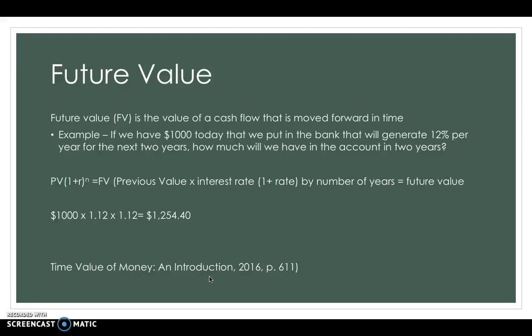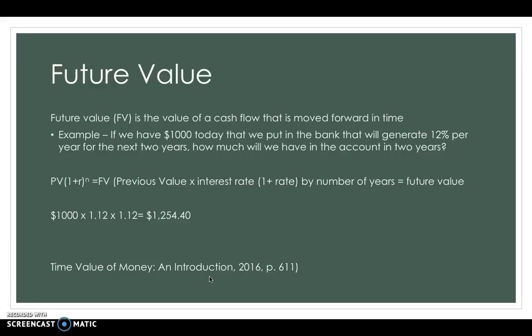Future value is the value of a cash flow that is moved forward in time. Example, if we have $1,000 today that we put in the bank that will generate 12% per year for the next 2 years, how much will we have in the account in 2 years?